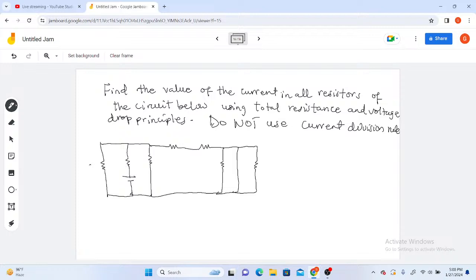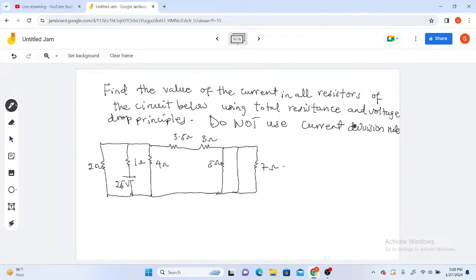So I have this place to be 2 ohms. This part is 25 volts. This is 1 ohm. This is 4 ohm. This place is 3.5 ohm. This is 3 ohm. This part is 5 ohm. Then I have 7 ohms.